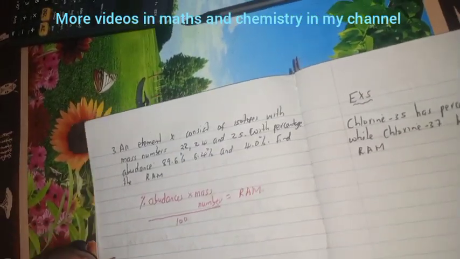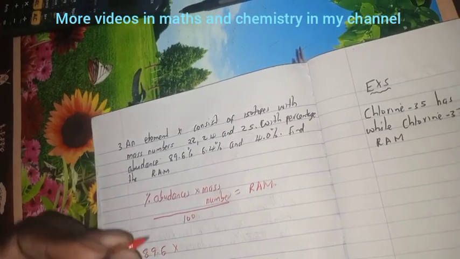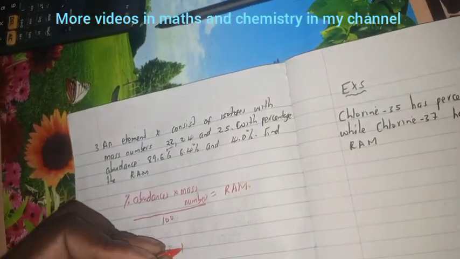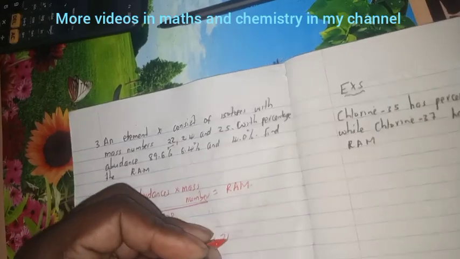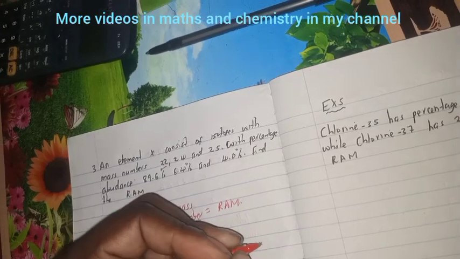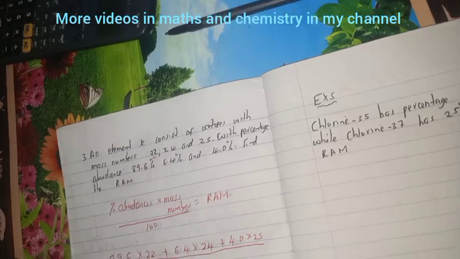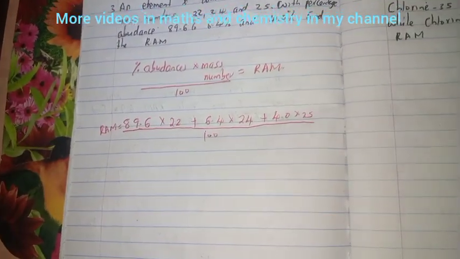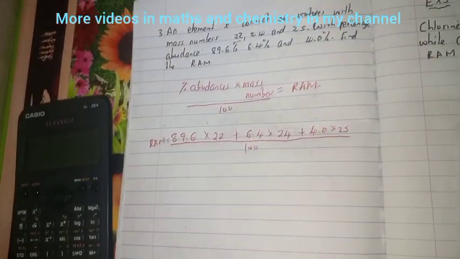That means the first percentage abundance will be 89.6 multiplied by 22, I trust it should be respectively, and the second one is 6.4 multiplied by 24 plus 4.0 multiplied by 25. All this divided by 100, and we are going to get the RAM for that.